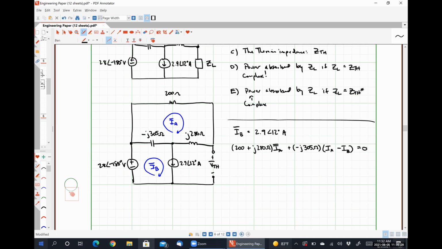Now I'll need to solve for that quantity IA.